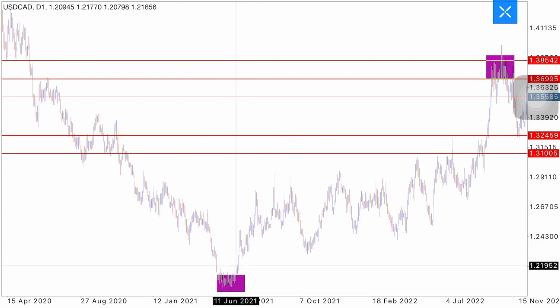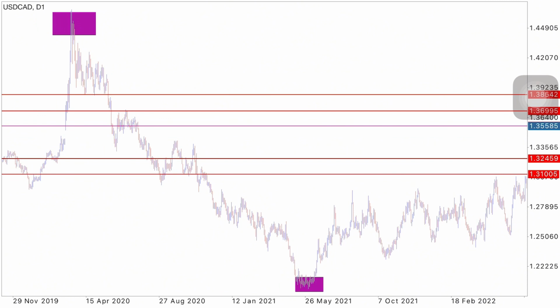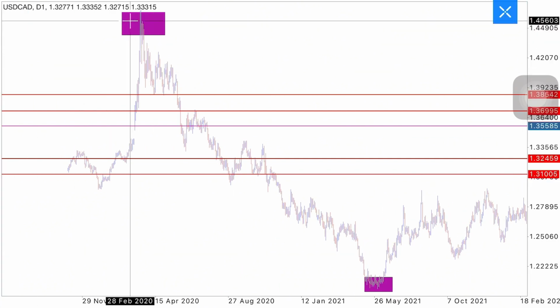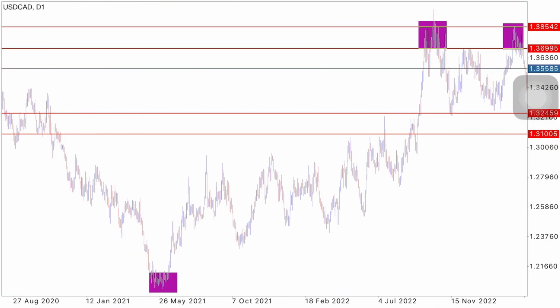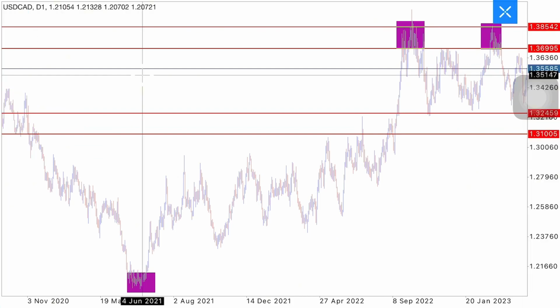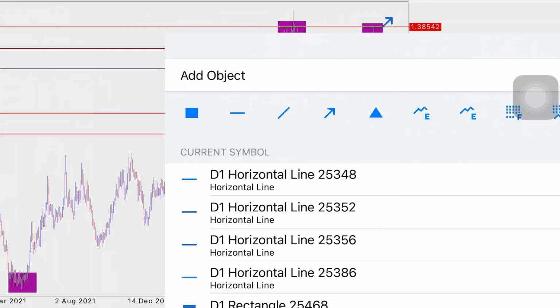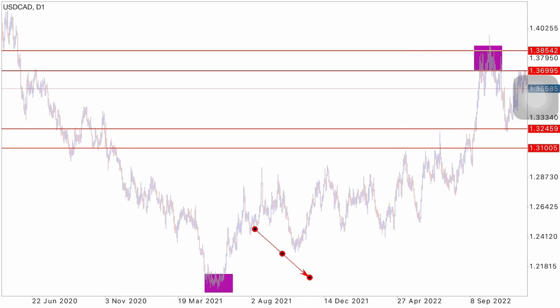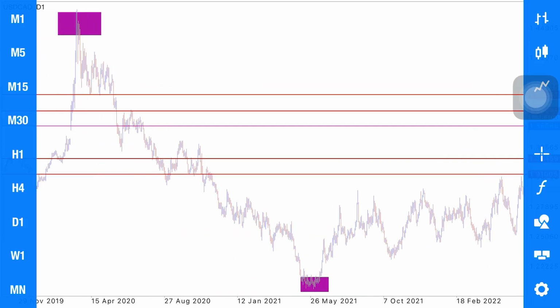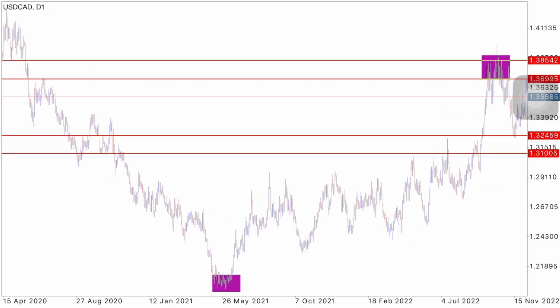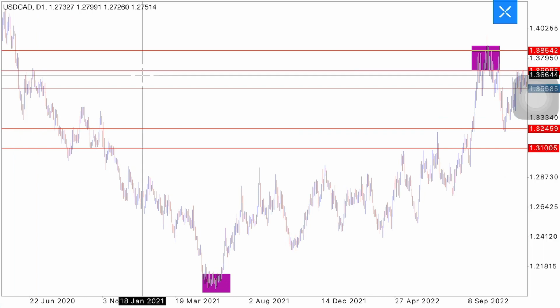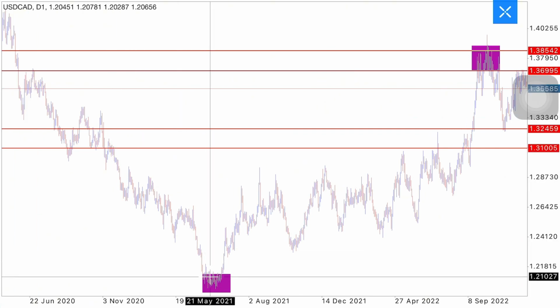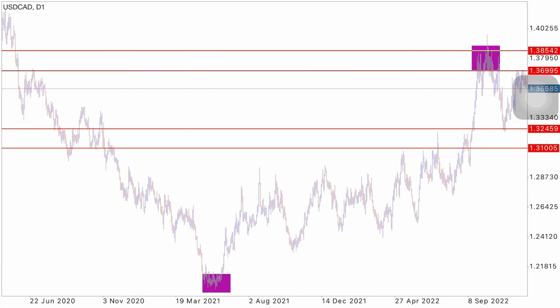Either the market was going to go down, respecting this change of market structure here, or continue to the downside before shooting to the upside. However, the market decided to change direction at this point here.